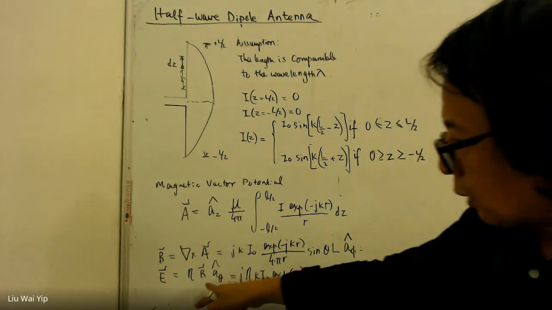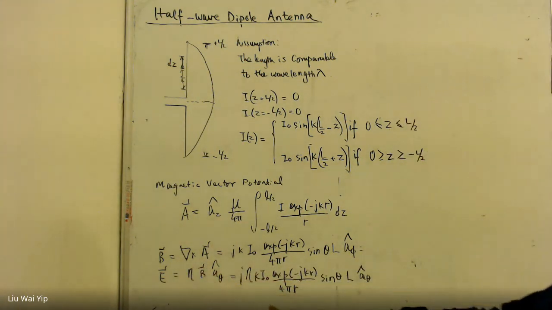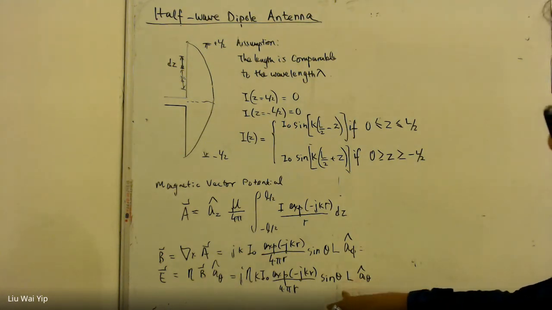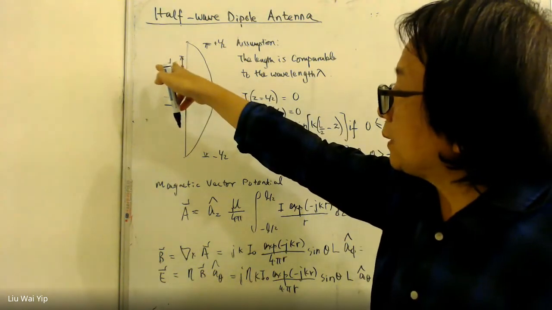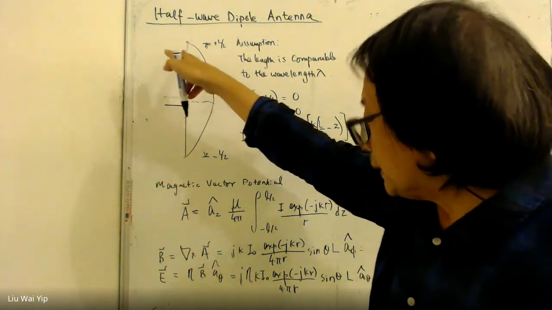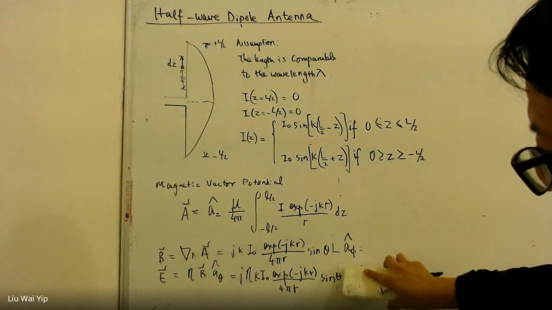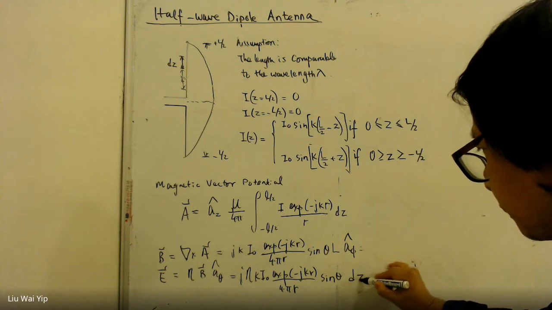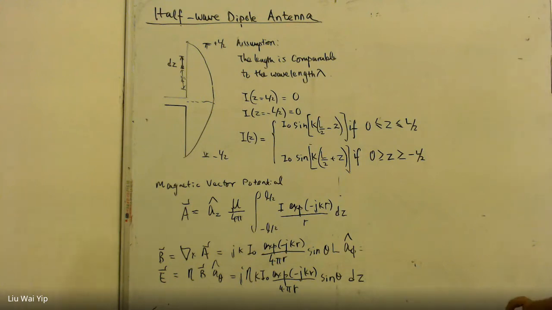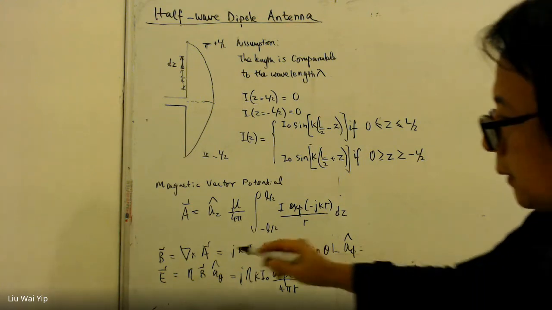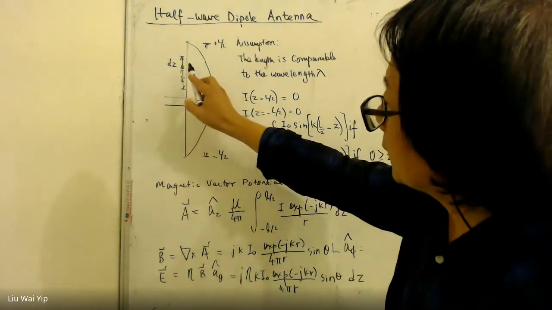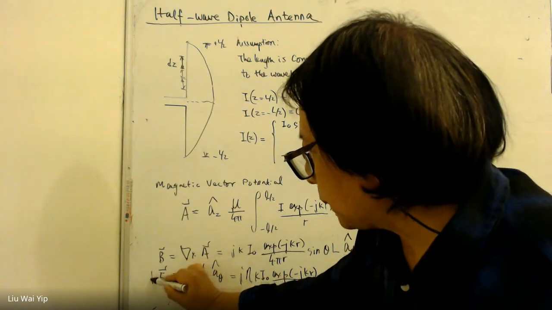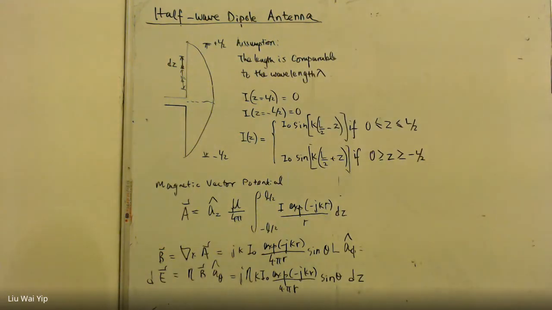Based on the result that we have got from the last lectures, if we are going to find the radiation pattern contributed by dz here, we will replace dl with dz, and the electric field over this little segment will become dE.